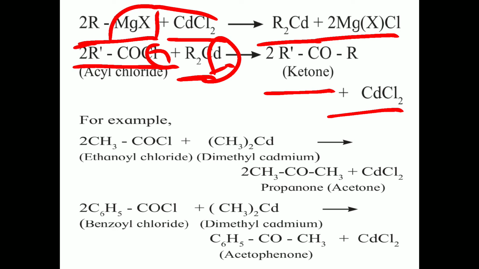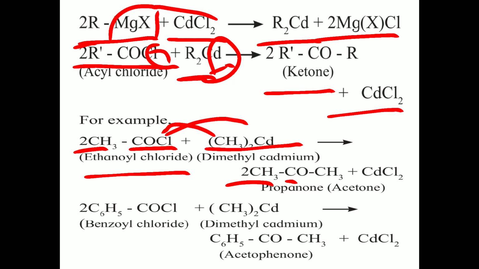For example, 2 times CH3COCl, this is ethanoyl chloride, undergoes a reaction with dimethyl cadmium. Again the same, there is the formation of CH3C double bond O, Cl is replaced by the CH3 group, that means propanone, that is acetone, plus CdCl2, that is cadmium chloride as a byproduct.